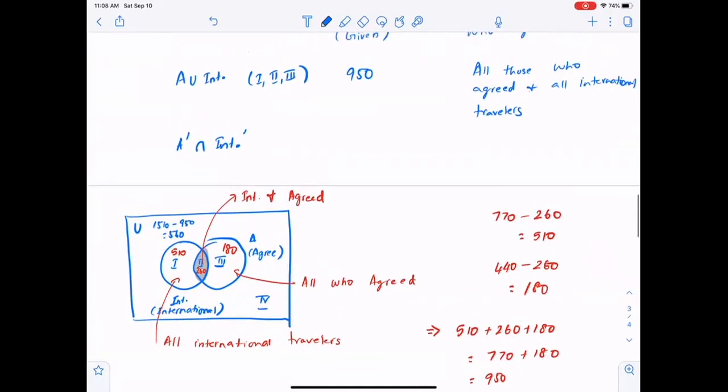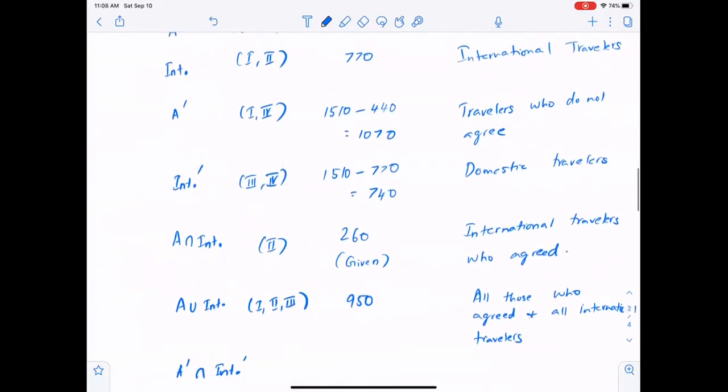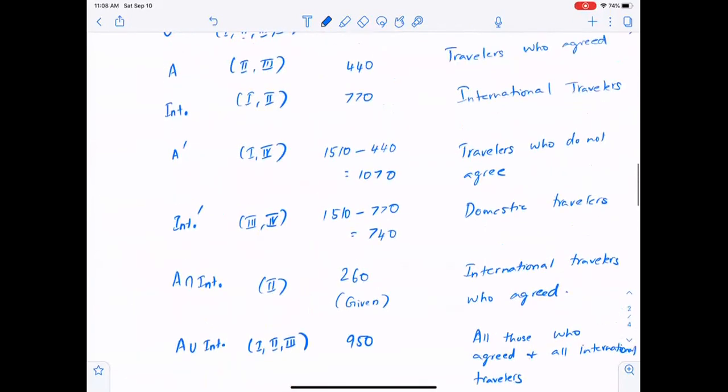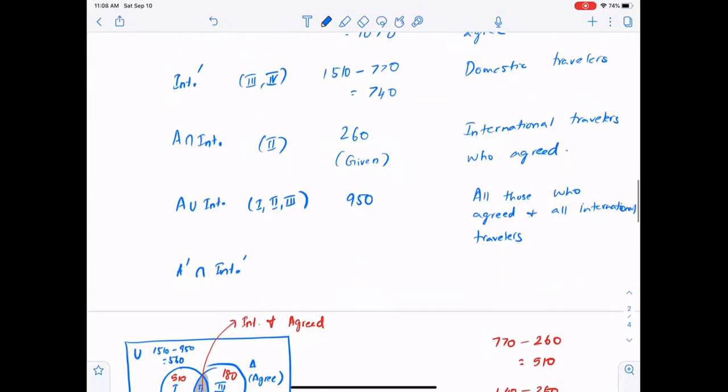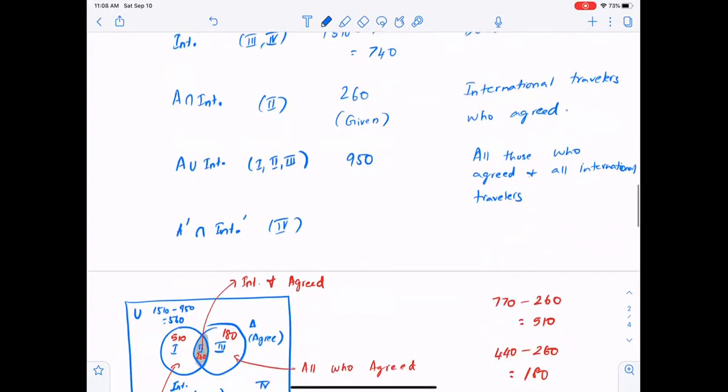We want to find A complement intersect the international set complement. We already know the regions in A complement are 1 and 4. The regions in international complement are 3 and 4. So what's common is region 4. Region 4 has a count of 560. We just found that, so I'm just going to go ahead and put 560.